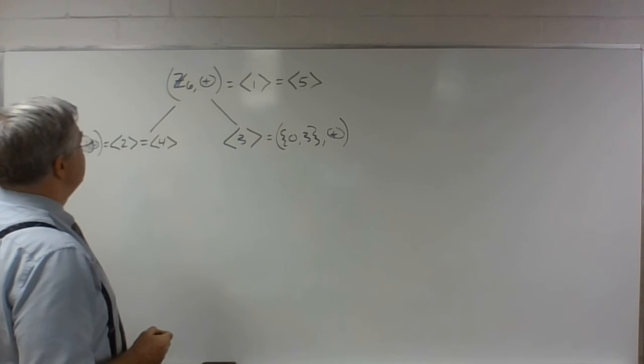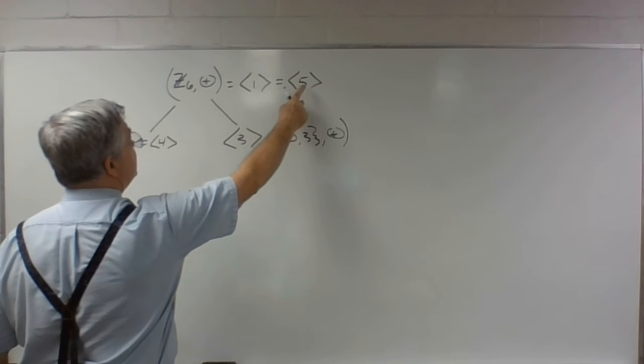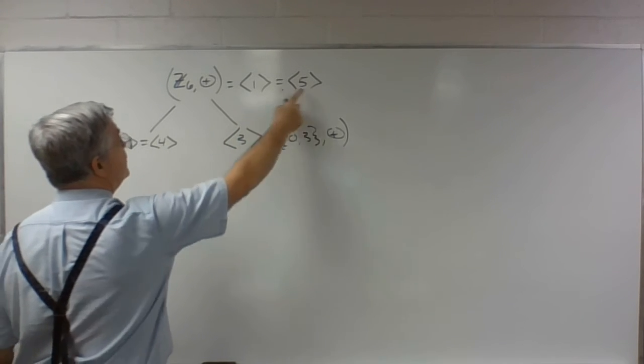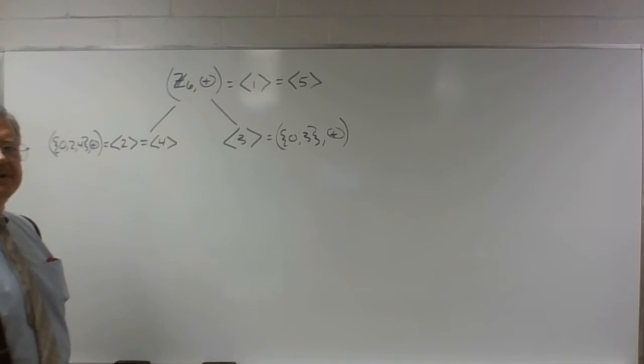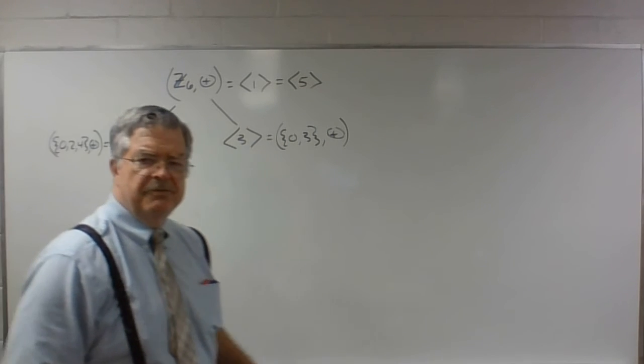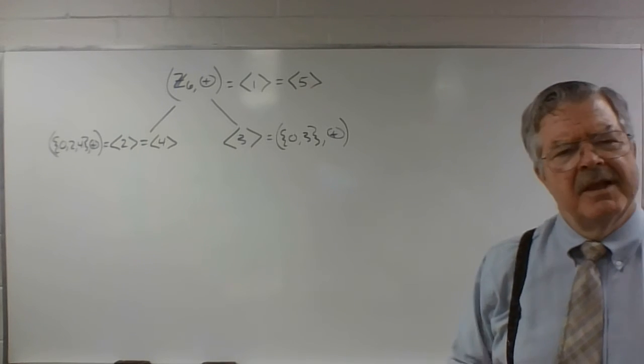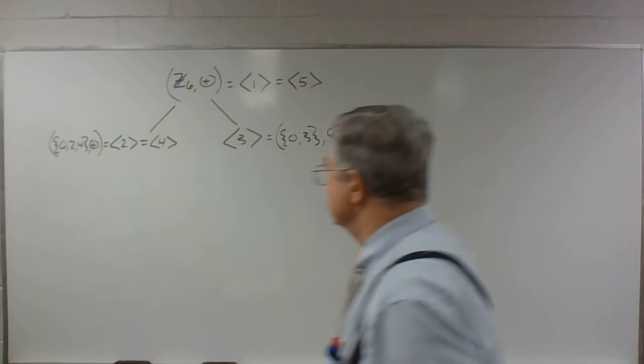So let's see, set of elements generated by 1, 2, 3, 4, 5. We've accounted for all of the subgroups generated by an element in Z6, except for the trivial subgroup.